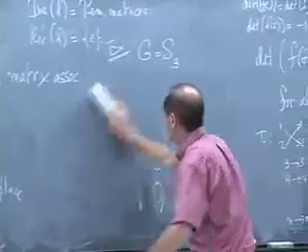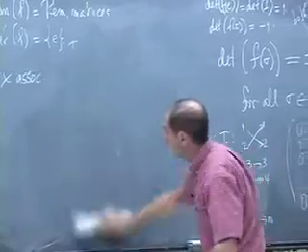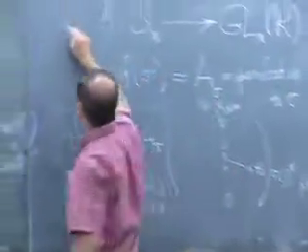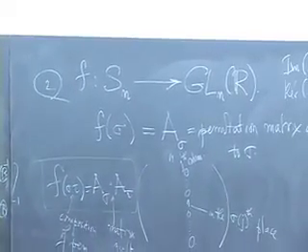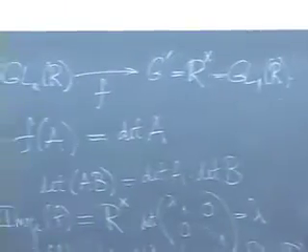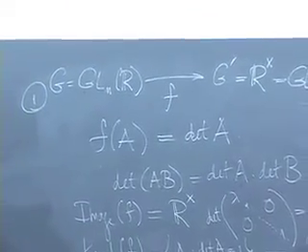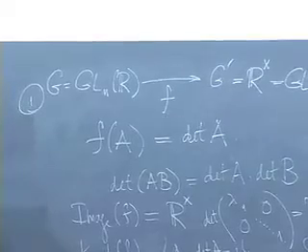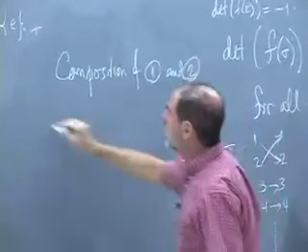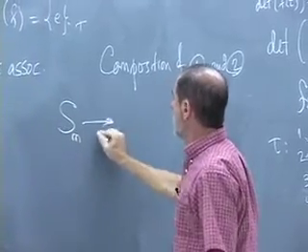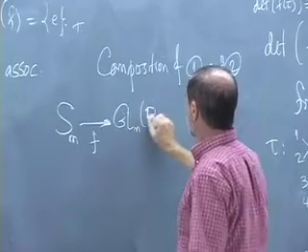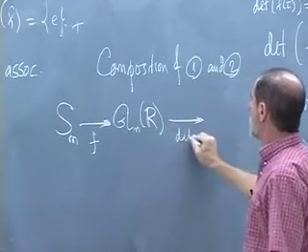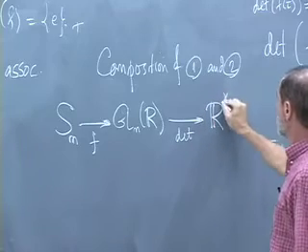We get a very interesting homomorphism, which looks like this. Let's call this one 1, and this one 2. The composition of 1 and 2 looks like this. First, you take the symmetric group by F into the general linear group, and then you compose this with the determinant homomorphism to R star.